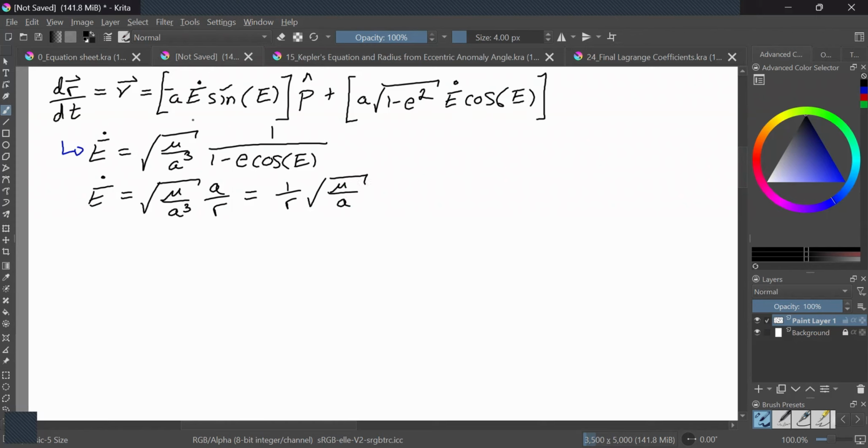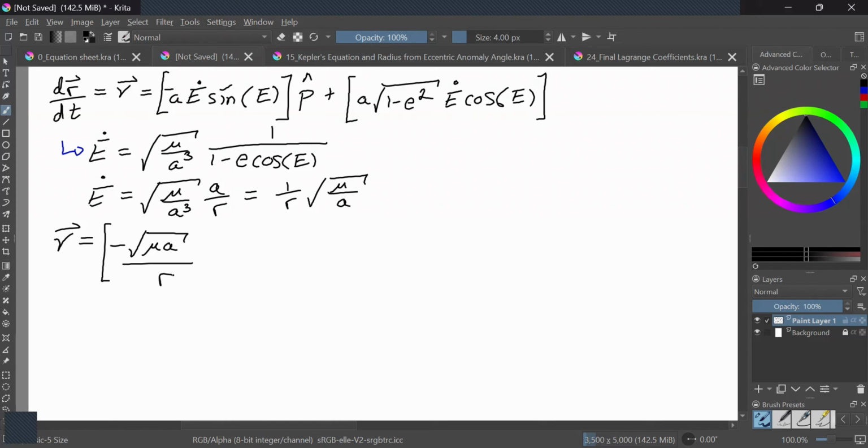So now we can plug that back into our velocity, which will give us in the p direction minus a times 1 over the square root of a, square root of mu times a over r.